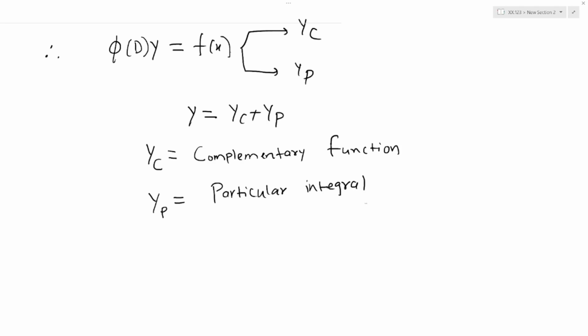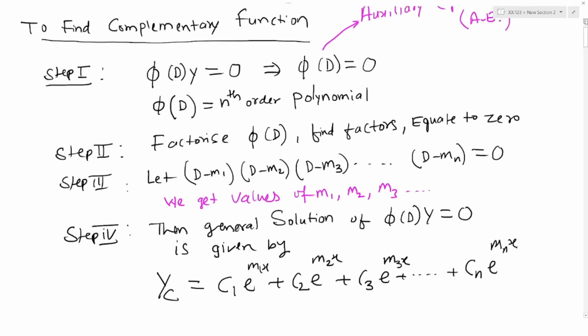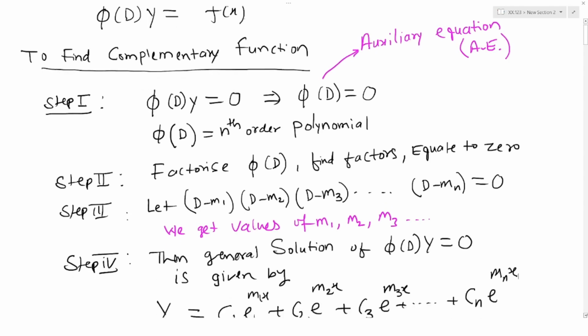First of all, let us understand how to find the complementary function. To find the complementary function, we must follow certain steps. So what are the steps? First of all, we equate phi of D equals 0, which is called the auxiliary equation, treating phi of D as an ordinary nth order polynomial.